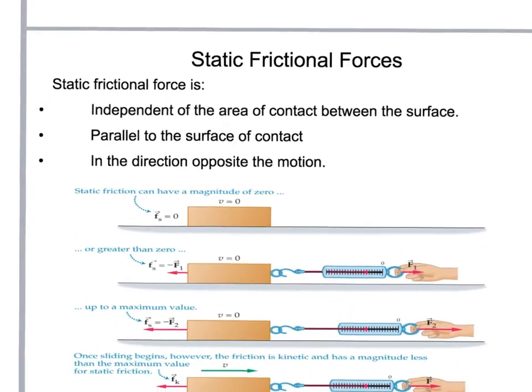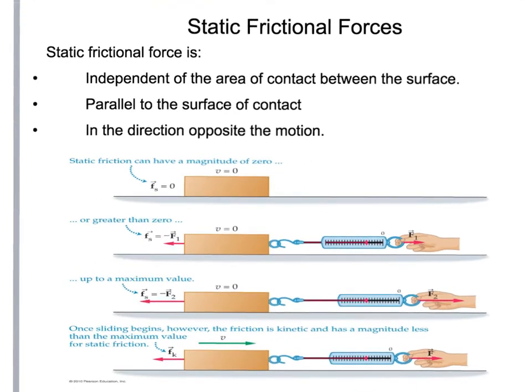So static frictional forces are independent, same thing as kinetic, same set of principles, independent of the area of contact between the surfaces. They're independent of velocity. They're also parallel to the surface of contact. And so if you have your surface of contact right here, and your object is right here, the force is going to be in the opposite direction of motion.